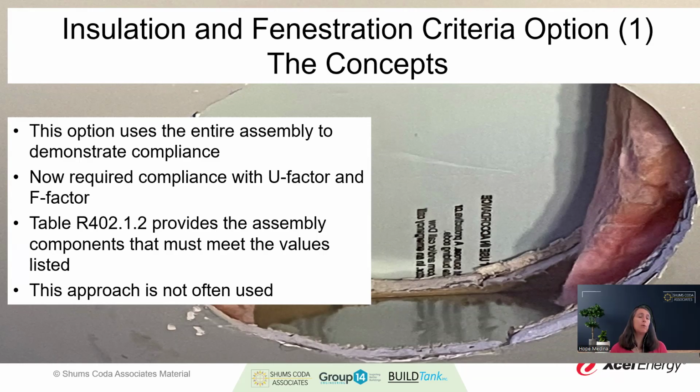You're going to be required to demonstrate that your assemblies, because this is based off an assembly approach, depending on what assembly you're trying to demonstrate, comply with the U factor or the F factor. You're going to utilize table R402.1.2, which gives you that number that you cannot exceed. So that's the worst that you can do, the numbers that we'll see in the table.